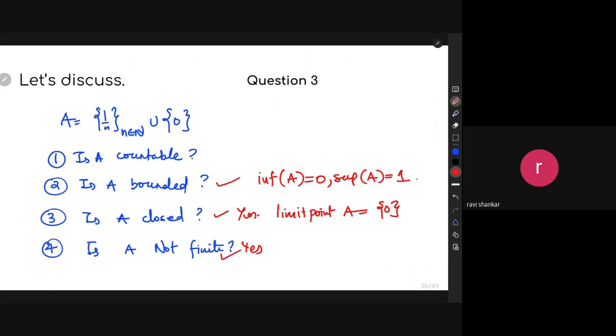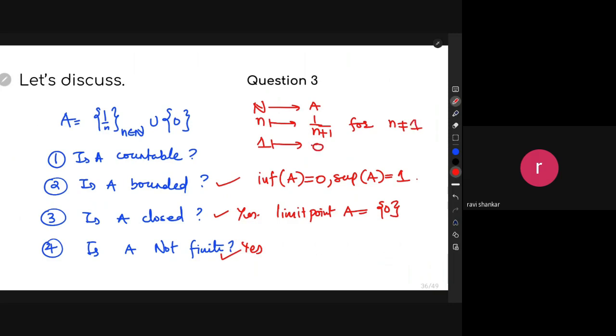And is it countable? Yes, it is countable because you can give a bijection from N to this set. N goes to 1 over n, or n plus 1, and 1 goes to 0.